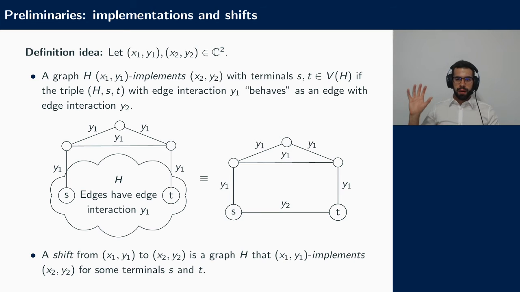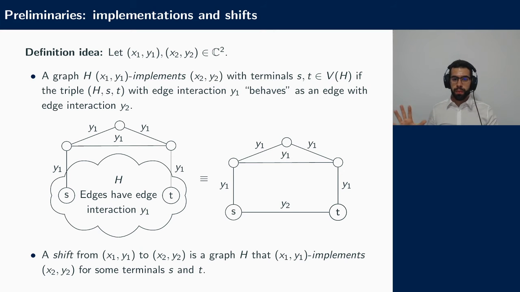So I'm going to give an overall idea of the definition of shift. For the precise definition, I'll refer to our paper. So first, a graph implements a point using another point with terminals s, t, if the graph, when all the edge interactions are gamma 1, or y1, sorry, behaves really as an edge with edge interaction y2.